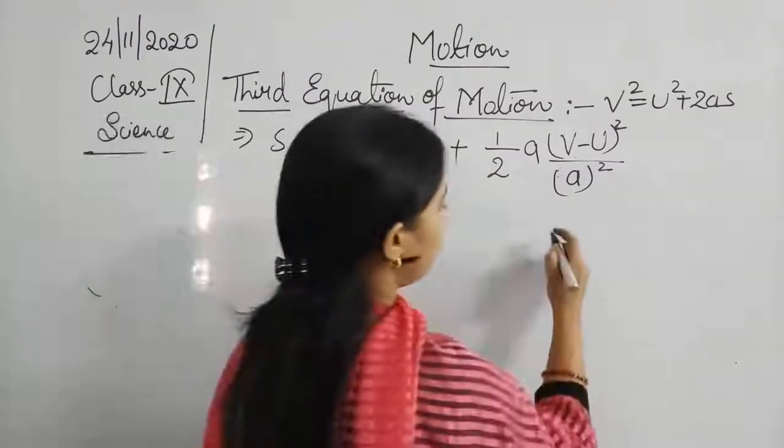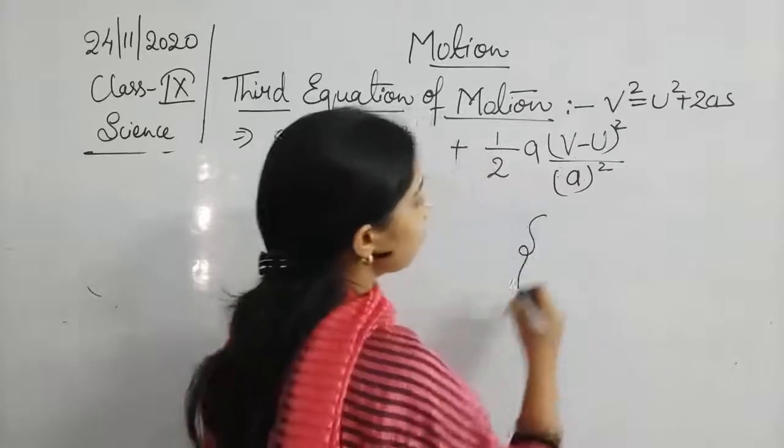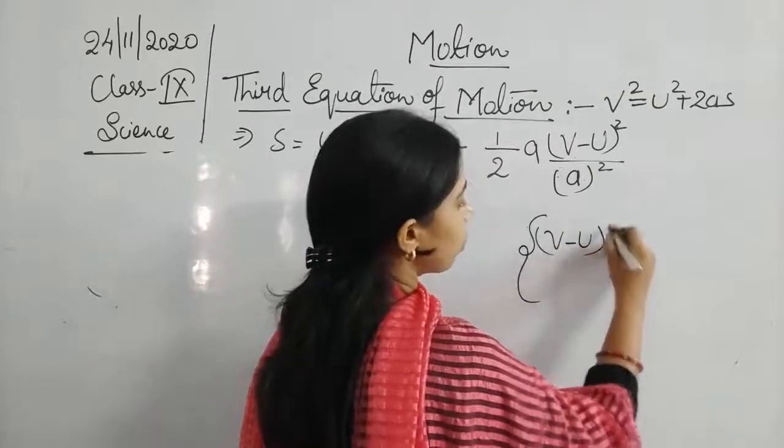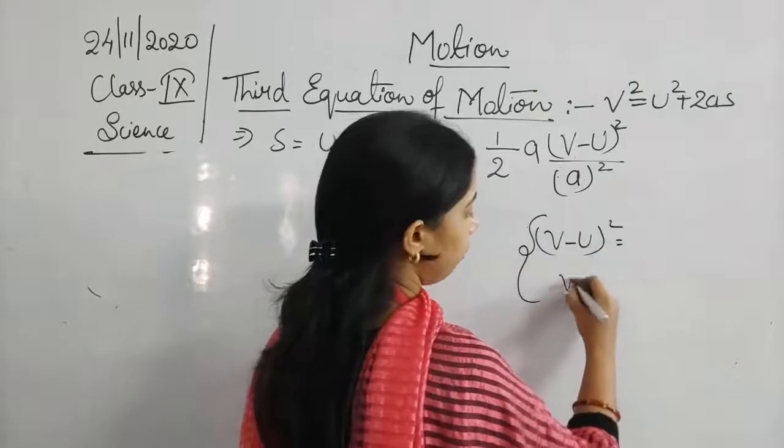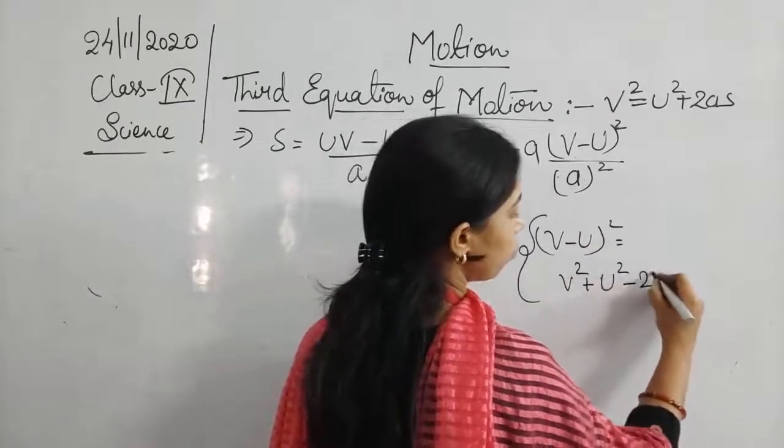Now, putting the value in a bracket, students, you can write V minus U whole square.